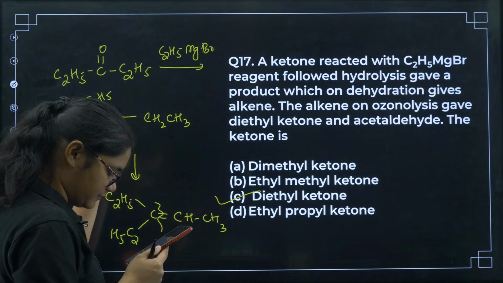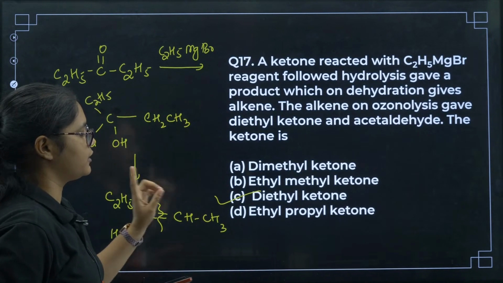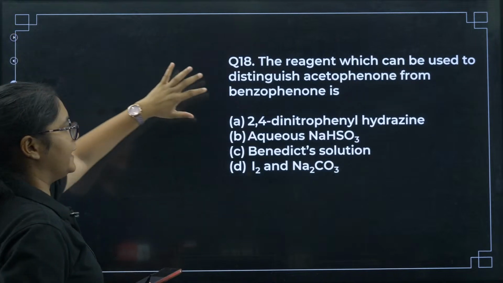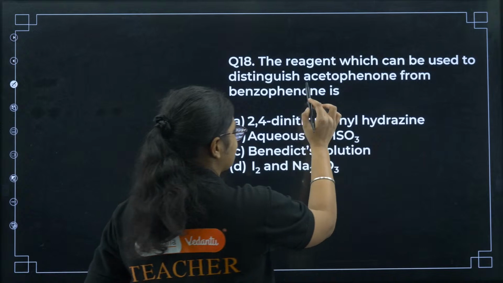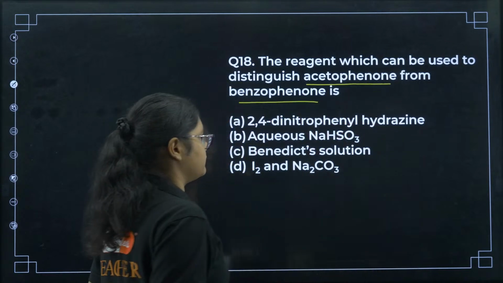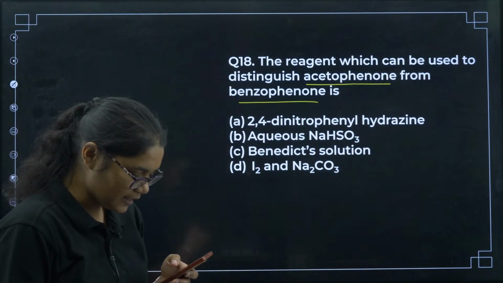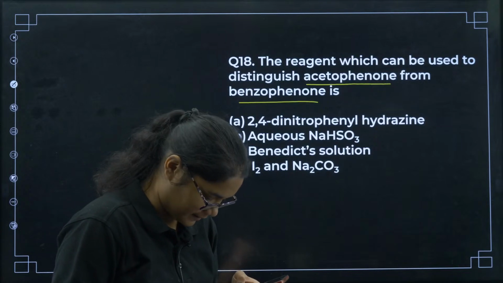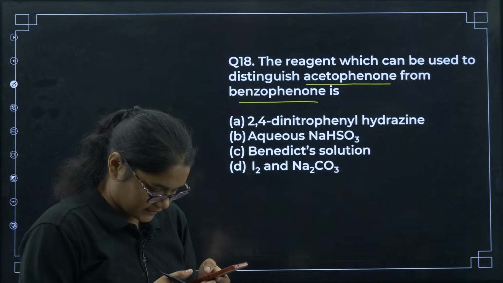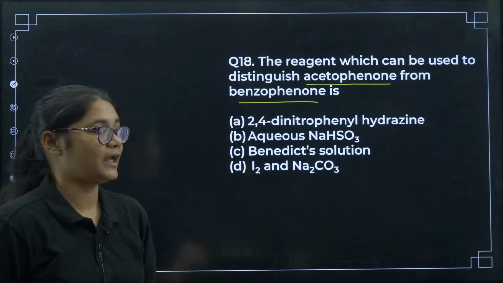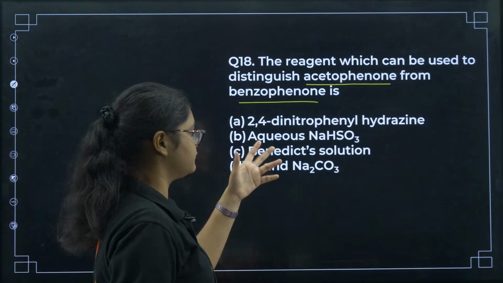Yes, this question is of a little higher level, and those who have got it correct, that is really good. 18th question: the reagent which can be used to distinguish acetophenone and benzophenone. Very simple question. Let me see who can answer this. Acetophenone and benzophenone, how will you distinguish?